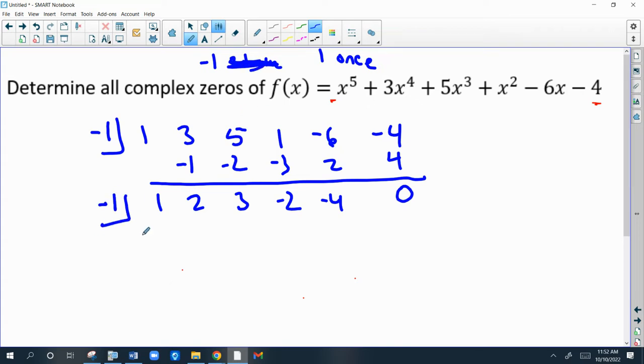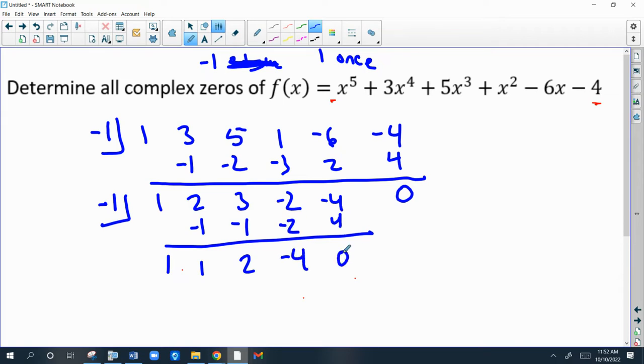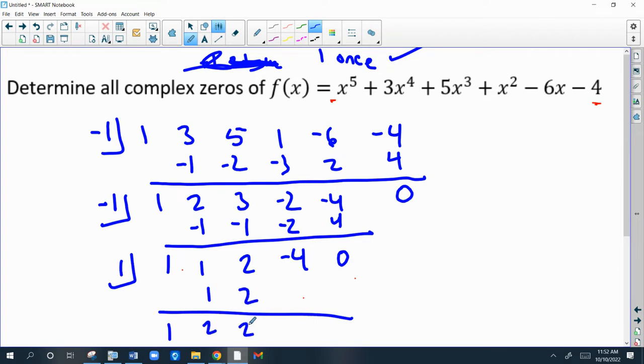So continue along. And again, not surprising, that worked. Also, 1 should work. So I'm going to continue along. Uh-oh, that's a 4.